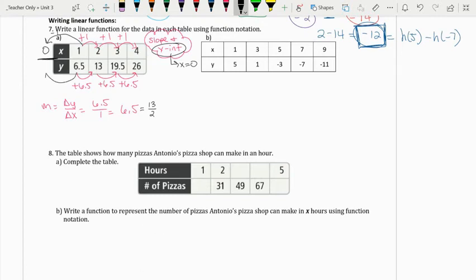So all we have to do is go the reverse, so subtract 6.5. And that means my y-intercept is 0. So if we write this as an equation or as a function, f of x would be your slope times x, and then you can put plus 0, but you don't have to. Or you could write 13 halves x.